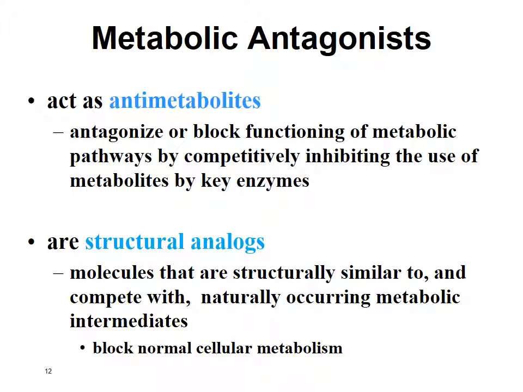So these are drugs that act as structural analogues, molecules that are structurally similar to naturally occurring metabolic compounds. These analogues compete with intermediates in metabolic processes because of their similarities, but they're just different enough so that they prevent normal cellular metabolism.